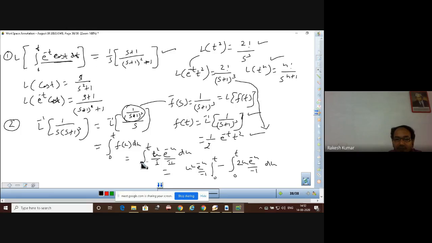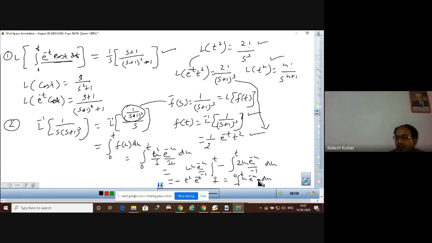Now, substitute the limits over here. When you substitute t, you will get minus t square e raised to power minus t, and for lower limit 0, it comes out to be 0. And minus becomes plus 2 times integral 0 to t of u e raised to power minus u du.